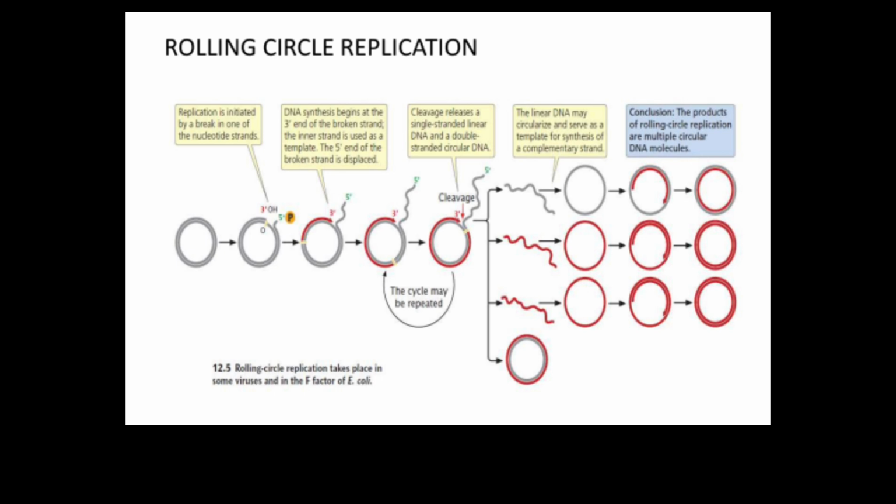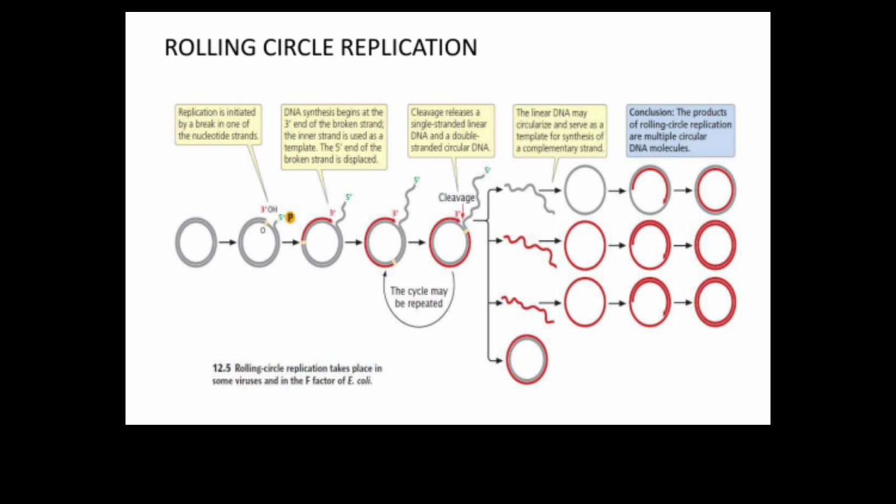The 5' end of the broken strand is displaced, and cleavage releases a single-stranded linear DNA and a double-stranded circular DNA. This cycle may be repeated. The linear DNA may circularize and serve as a template for synthesis of a complementary strand.